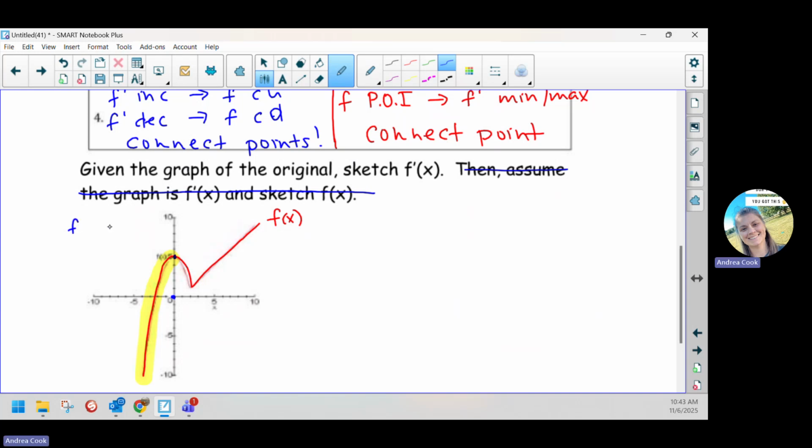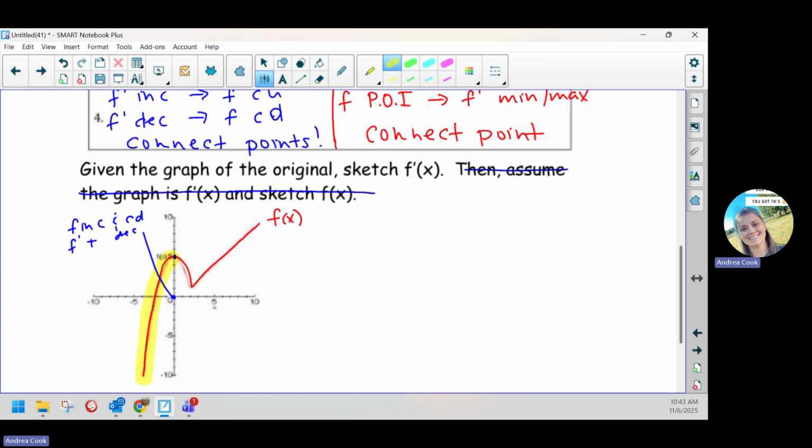So f is increasing and concave down. So if f is increasing and concave down, f prime is going to be positive and decreasing. So we're going to be above the x-axis and decreasing. So I'm going to be above the x-axis and decrease till I get to that point.